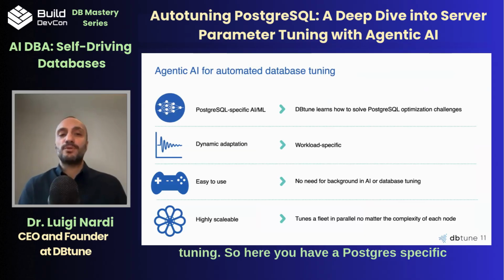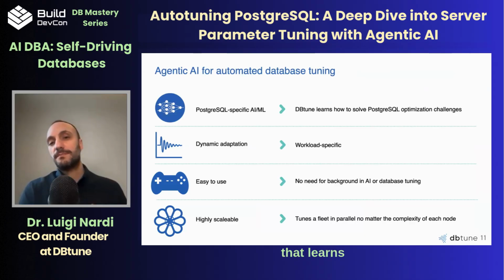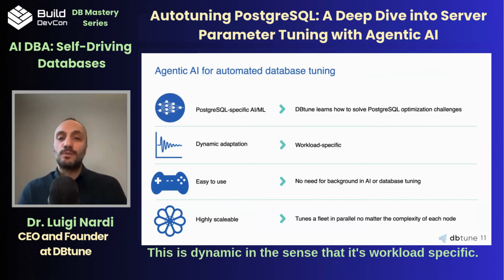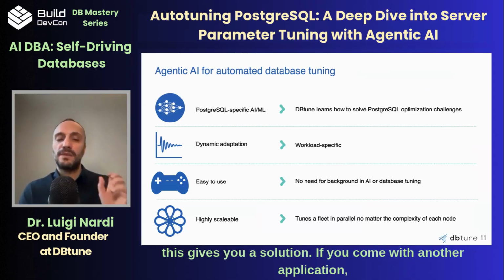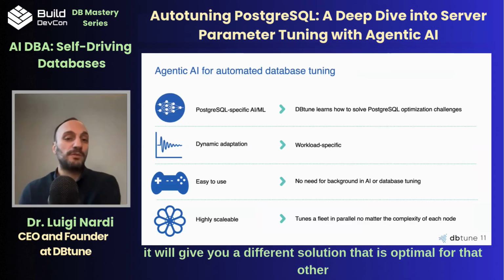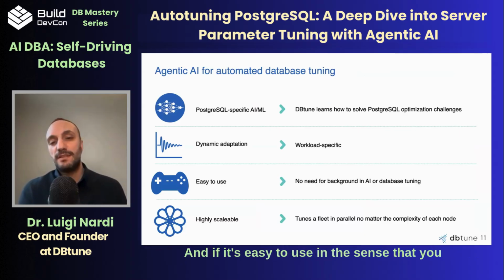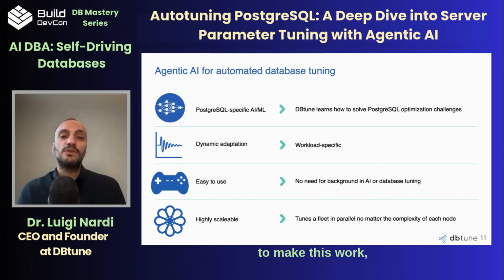And so this is kind of the general desiderata of agentic AI for automated database tuning. So here you have a Postgres-specific AI and machine learning approach that learns how to solve Postgres optimization challenges. This is dynamic in the sense that it's workload specific. So if you come with an application or a workload, this gives you a solution. If you come with another application, it will give you a different solution that is optimal for that other application, right? And it's easy to use in the sense that you don't need to have any background in AI or database tuning to make this work.